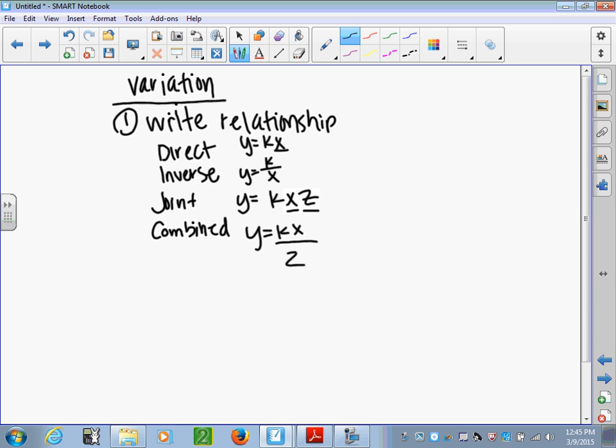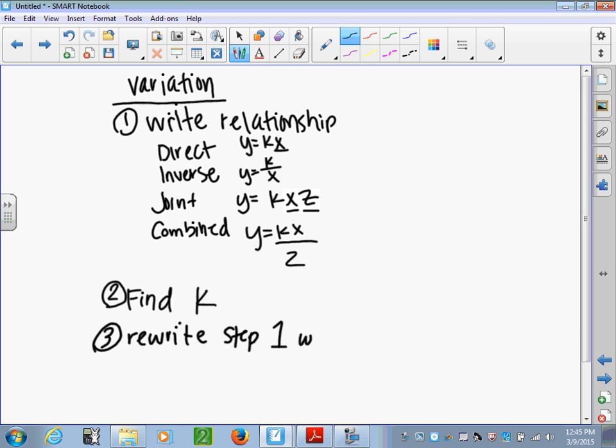Then we need to find k. Then we rewrite step one using the k we found in step two.